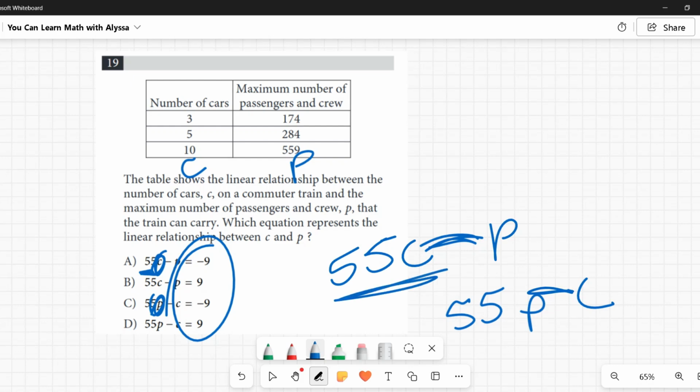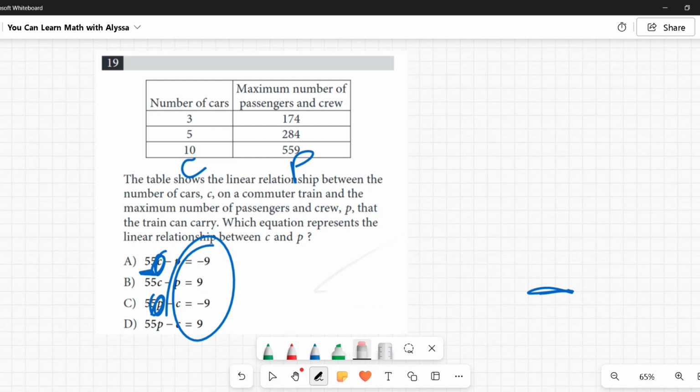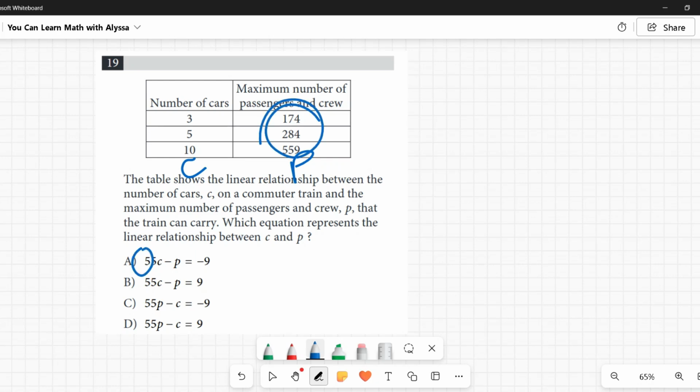Either this is going to be 9 greater than that or 9 less. Which of those, looking at this chart up here, seems more likely? That I would multiply numbers that are in the hundreds by 55 and then just subtract 3, 5, or 10 and get 9?